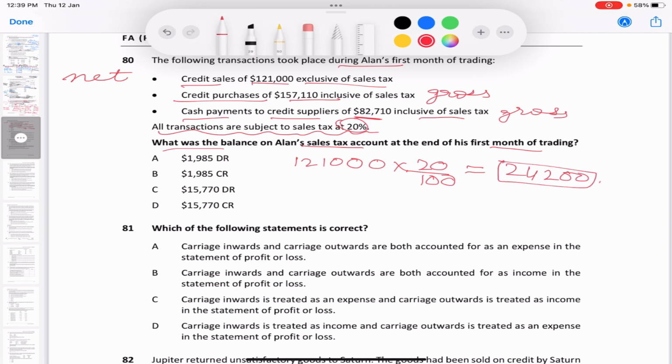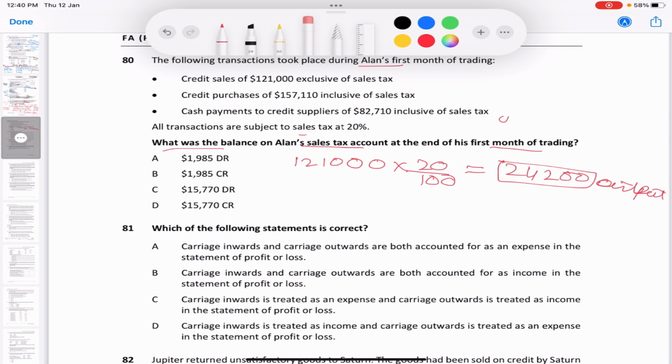This would be my tax, right? And what would this be? This would be my output tax because I am calculating it on sales, right? So let us first write down our taxes. So now we have the sales tax, which is 24,200. This I have calculated, right? After this, what will I do?